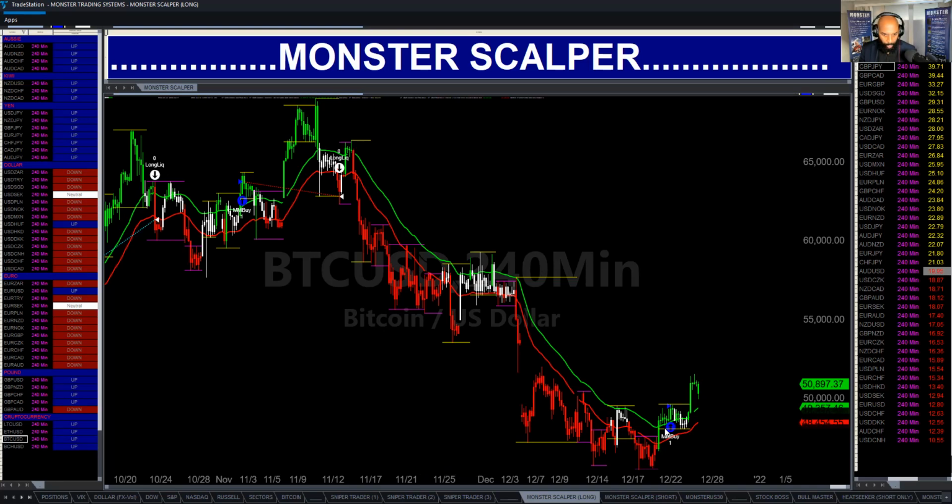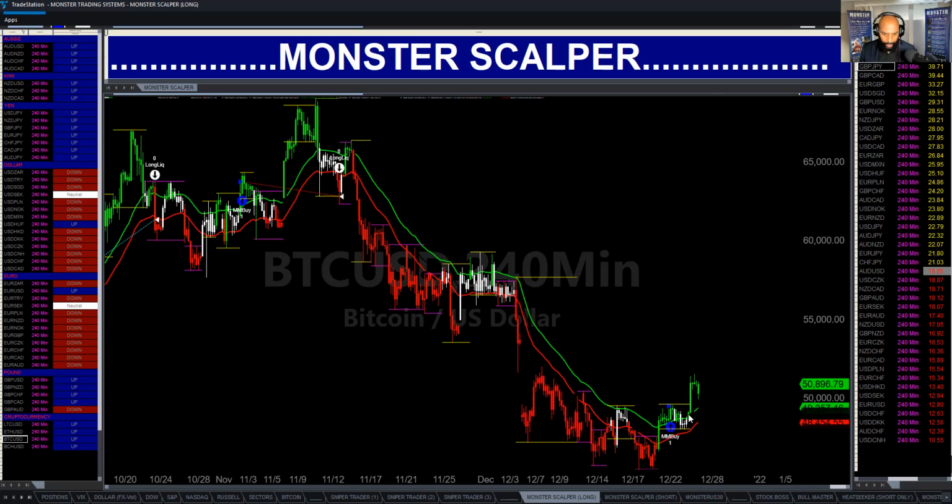We've been watching Bitcoin, and it gave a buy signal here, but I didn't give out an alert on this buy signal. I waited for it to retrace a bit and hold support. On this candle, right at 48,800 and change, is when I sent out the alert to get into Bitcoin.